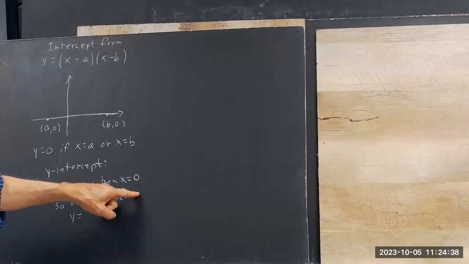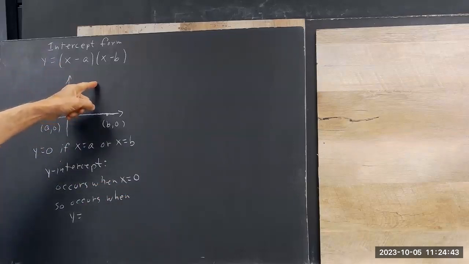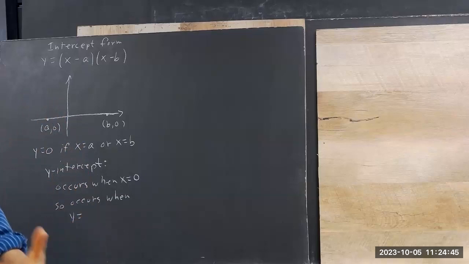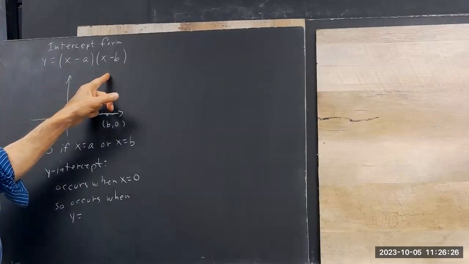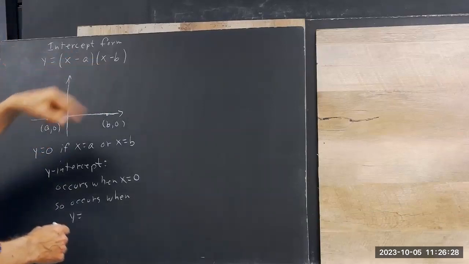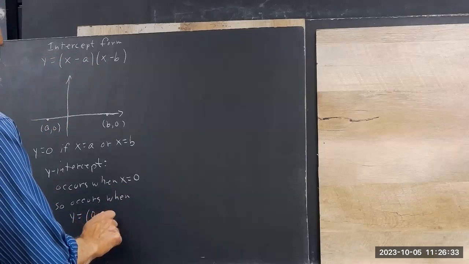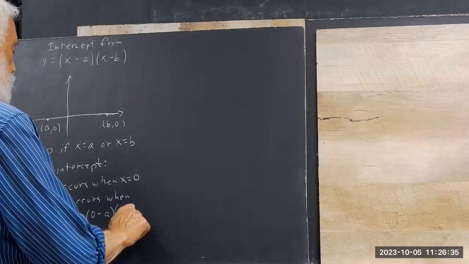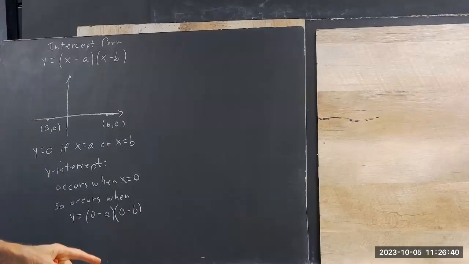We say x equals 0. That means you can take the defining equation here and replace x with 0. So what do you get if you replace x with 0? Okay, well, first place, not everybody was real quick at writing this out with 0 instead of x. But it's y equals x minus a times x minus b. If x is 0, then what you have is 0 minus a times 0 minus b. So it's a simple substitution.